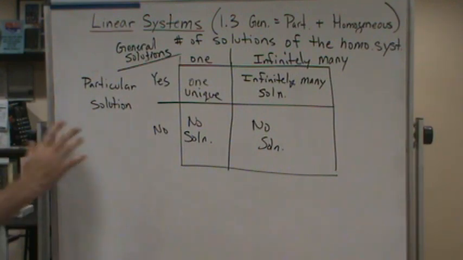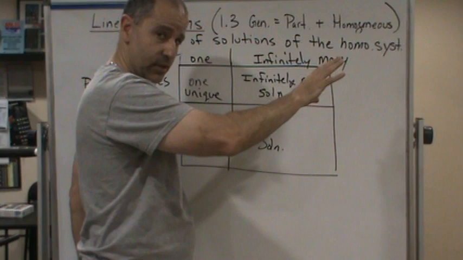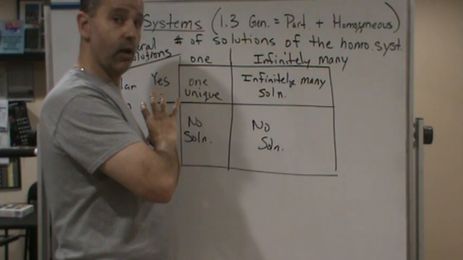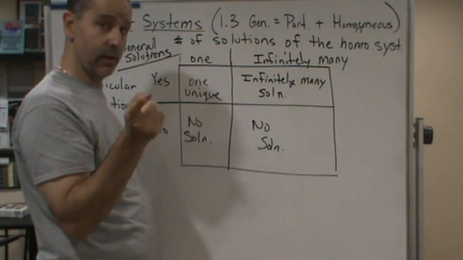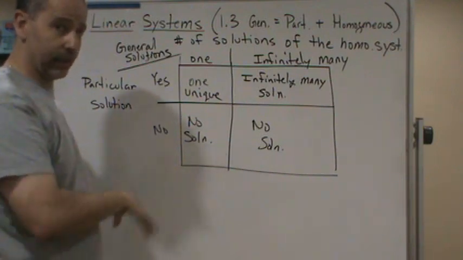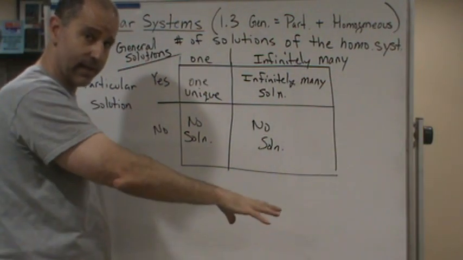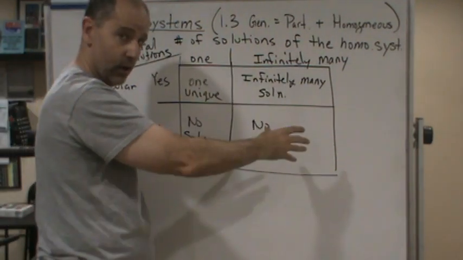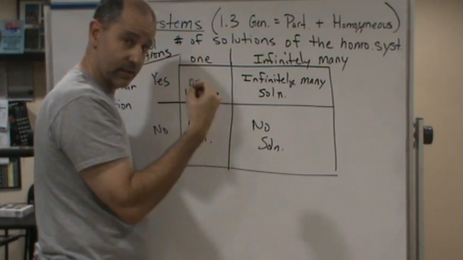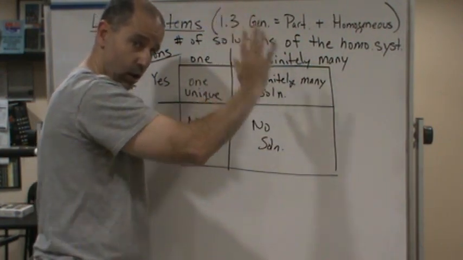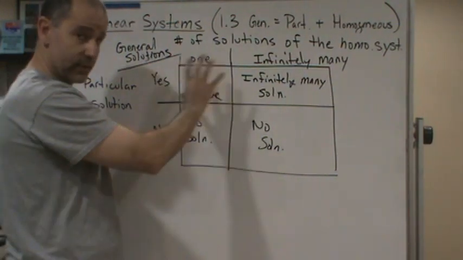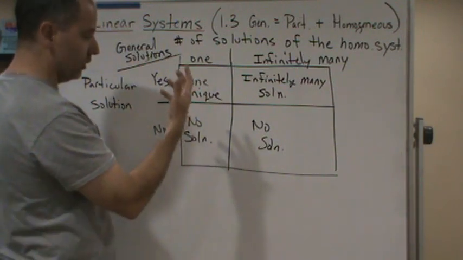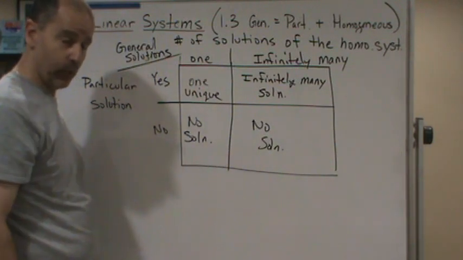Now, when we talk about ignoring the constants on the right side, what we're basically saying is we're only dealing with the associated homogeneous system. Because again, when we ignore what's going on the right side, we're just making those zeros, and all of those will always stay zero. So we just focus on the left-hand side, doing our elementary reduction operations along the way, and we get an echelon form. Okay.